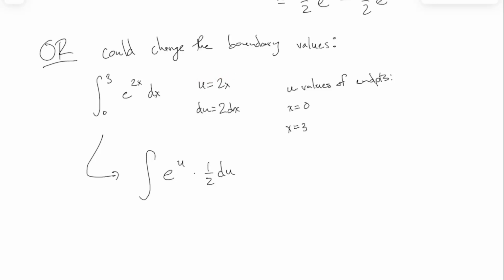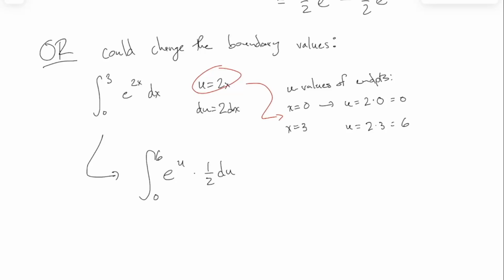So u equals 2 times 0, which is 0. And u equals 2 times 3, which is 6. So I'm using that little formula, u equals 2x, to calculate these values here. And then I can put those there and there.